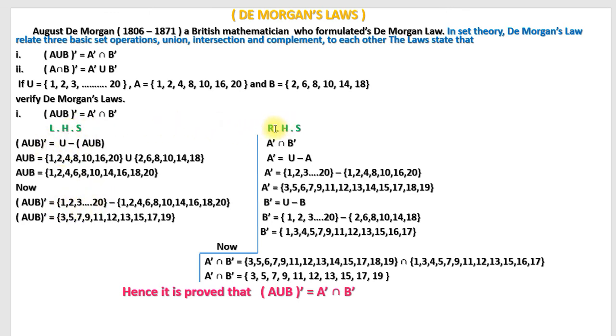Now we are going to solve the right hand side. On the right hand side there is A complement intersection B complement.